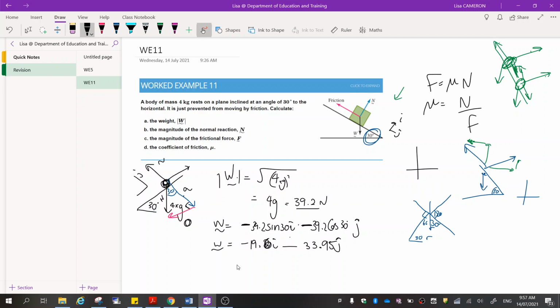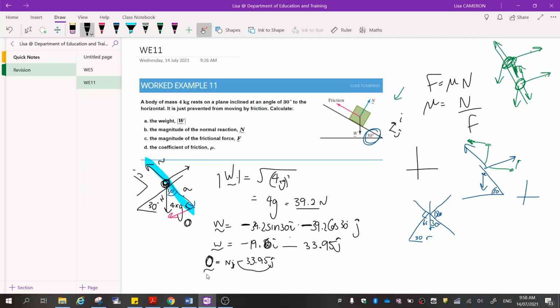Now, if we're trying to work out our normal force and this thing isn't moving, that means that our resultant force is 0. When I group all of my J components together, which is only those two, N is positive because it's traveling in the normal direction. So N J, and then I'm subtracting the 33.95 J because it's in the opposite direction.